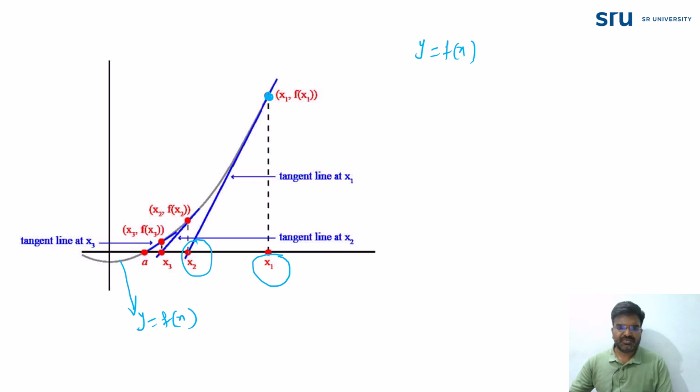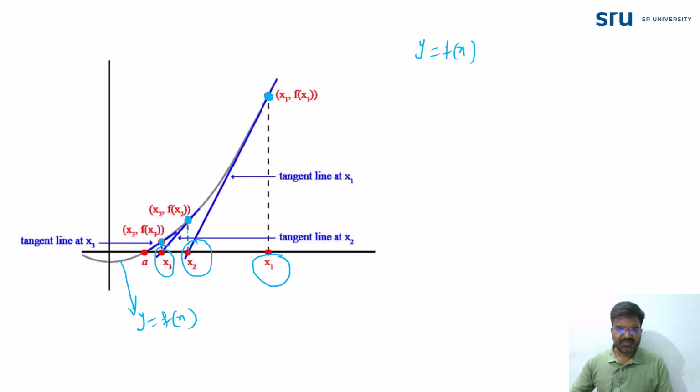At x2, again we can draw one tangent to the curve. This tangent intersects the x-axis at x3. Now x3 is the next approximation of the root. At x3, we can draw another tangent to the curve. This tangent intersects the x-axis at x4.